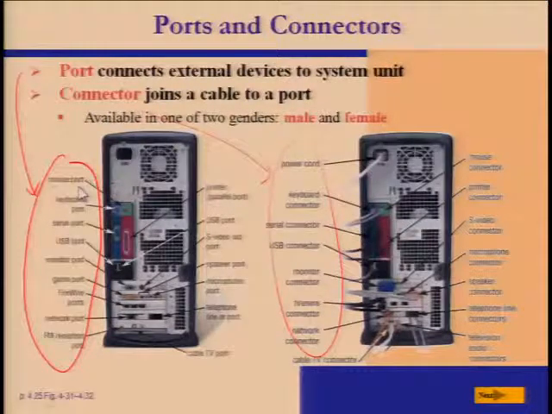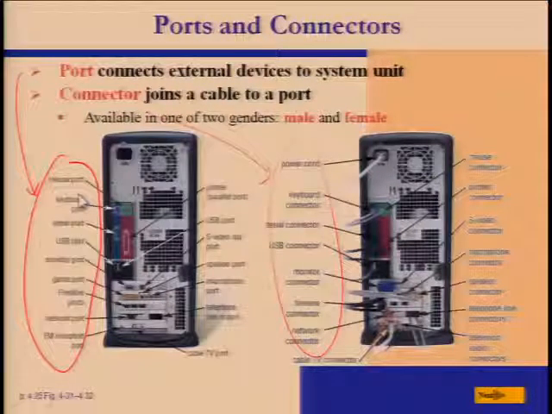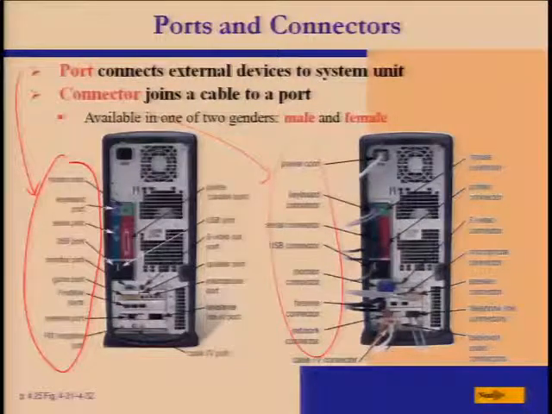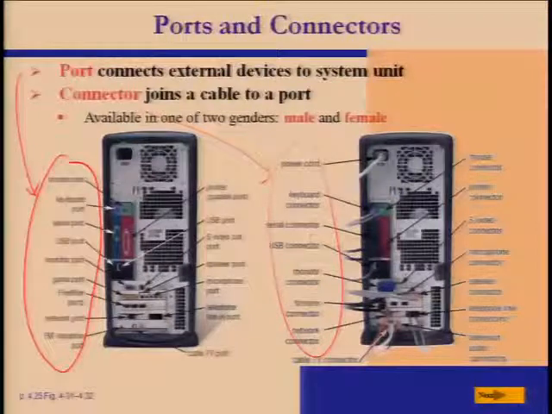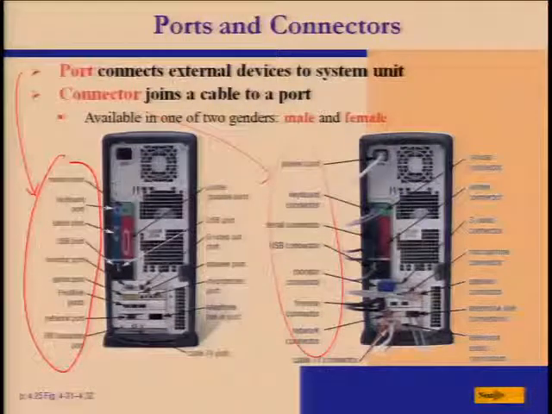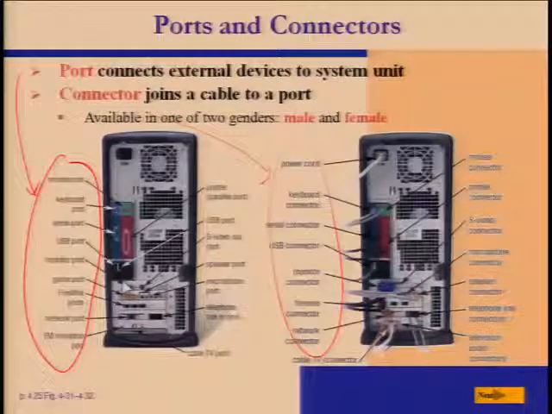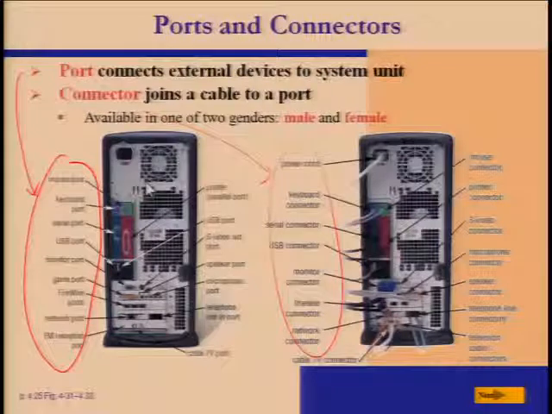One is the mouse port for you to connect to your mouse. Of course, the mouse also can go into the USB if you have a USB mouse, right? And then you have a keyboard as well. You can also use a USB if you have a USB keyboard, right? And I think for desktop, most likely you find this because they reserve the USB for other purposes, right? So they have enough space for putting additional ports, right?